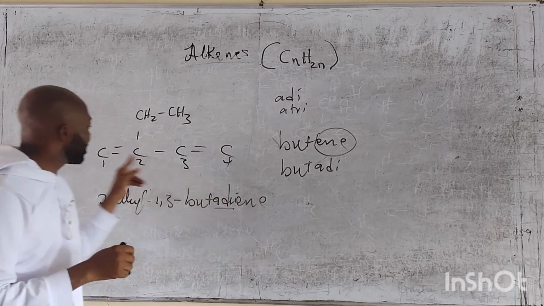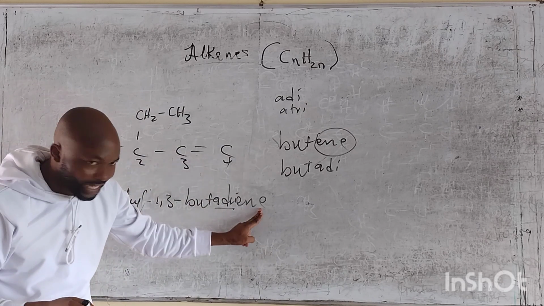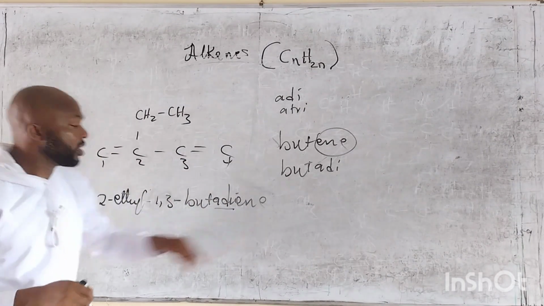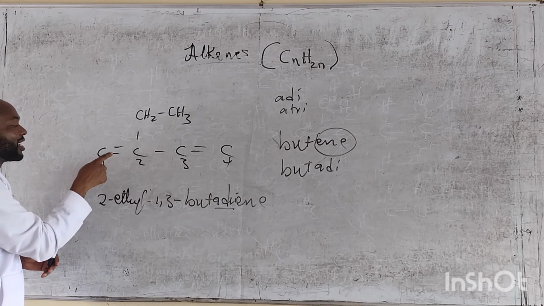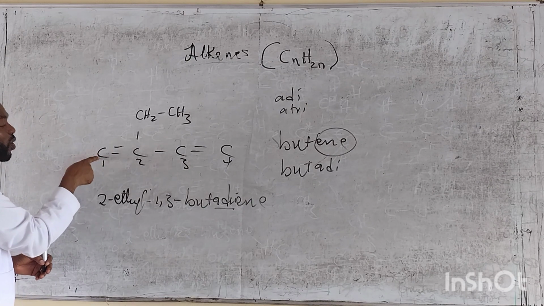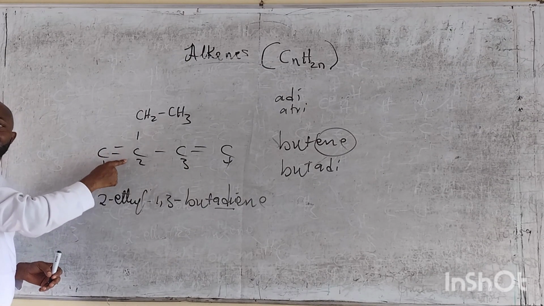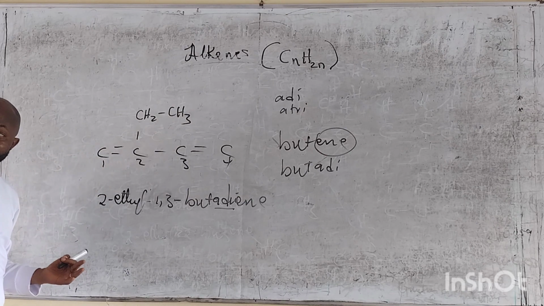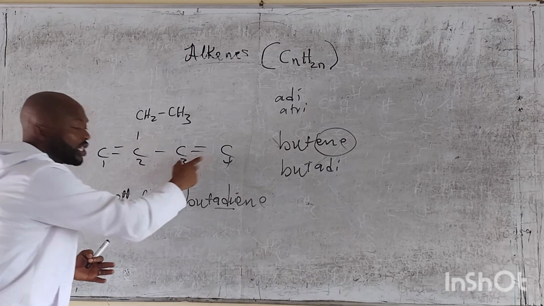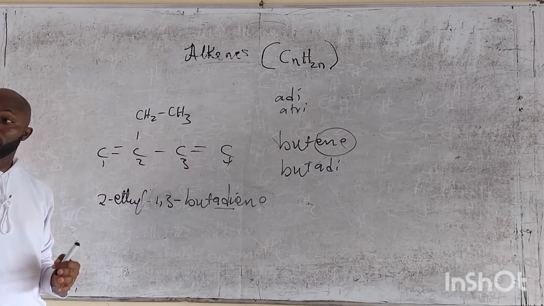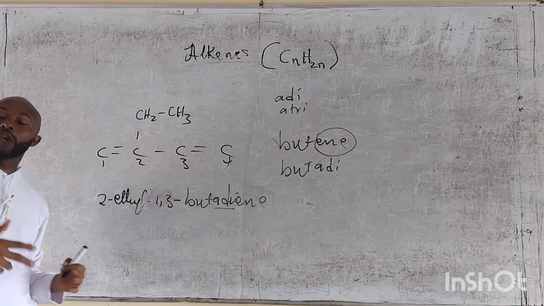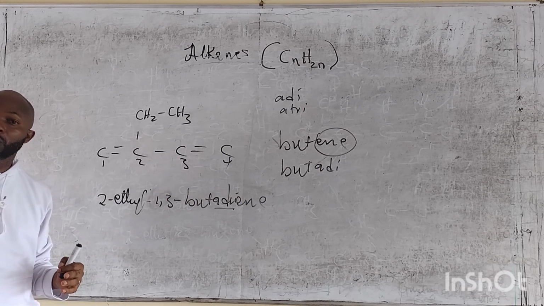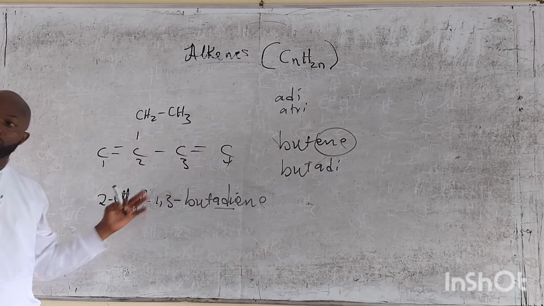Because di means there are 2. There are 2, diene. Okay? Now, in carbon 1, we have how do you call it? An ene group, a double bond. We have another one, which is another ene. So we have 2 enes. So in chemistry, when you have 2, you call it di. So we have diene, 2 enes.